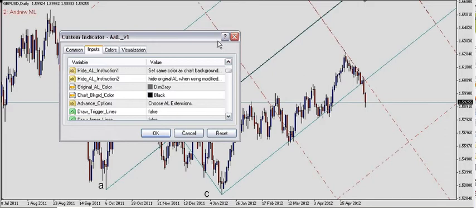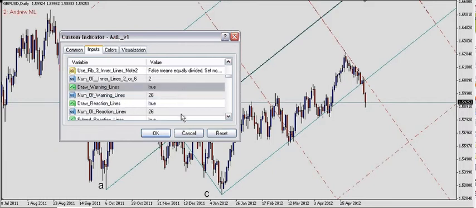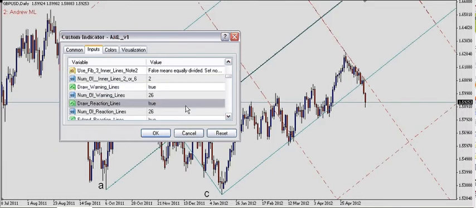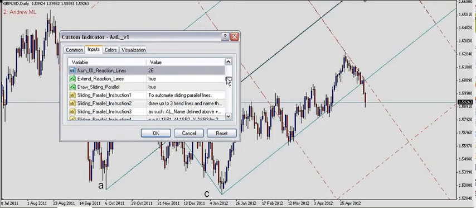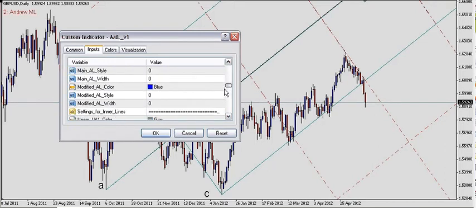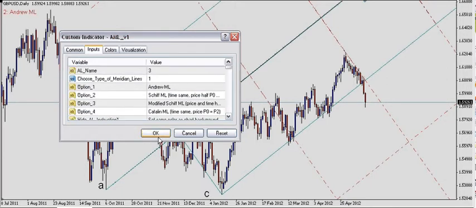That's why I say a simple Andrews pitchfork, because there are several versions or different types of pitchforks, including a new one that we're using. You can choose the color, you can use trigger lines, inner lines, which means fibs or quartiles, the number of warning lines, whether you want to draw warning lines or reaction lines, and how many. It's a smorgasbord of all the different variables and inputs you can choose.